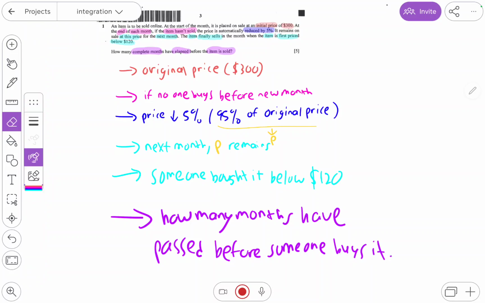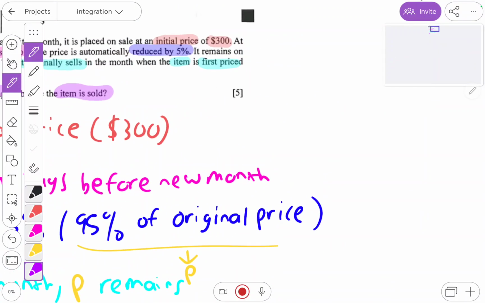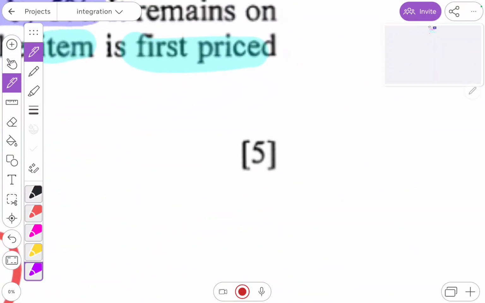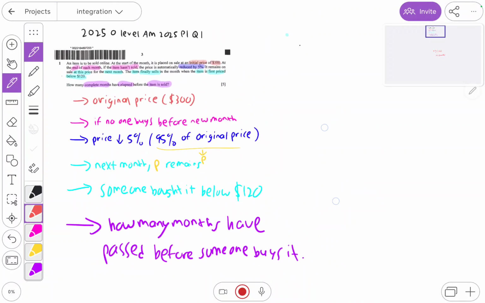If I were to ask you to look at how many marks it is, first question already 5 marks. Usually the first question is 3 to 4 marks, but a 5-mark question in the first question is insane. But don't worry. This really tests you on your concept.